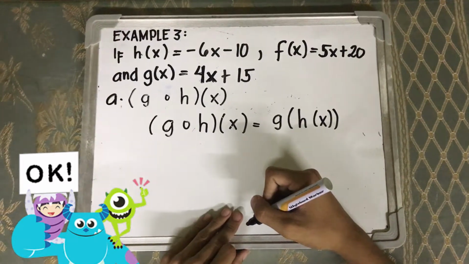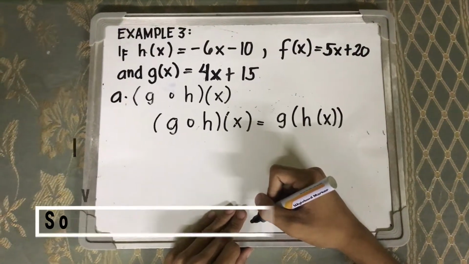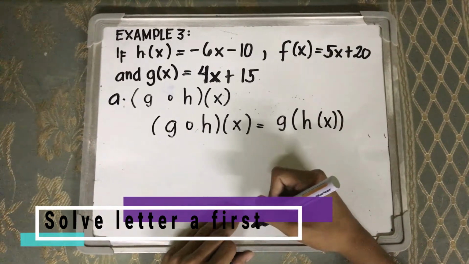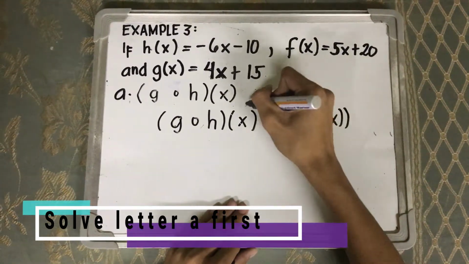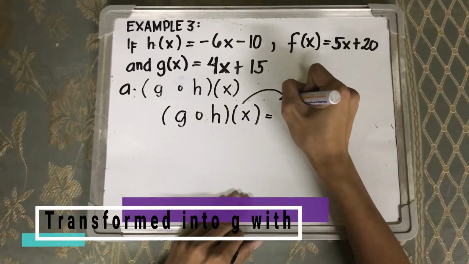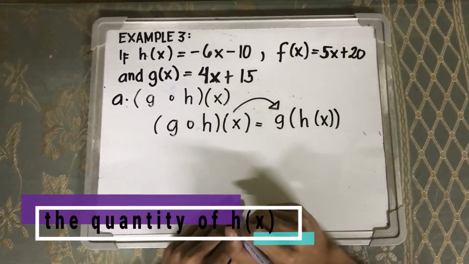First, let's solve letter A, which is g composed of h of x. Like in the previous examples, (g ∘ h)(x) must be transformed into g(h(x)).